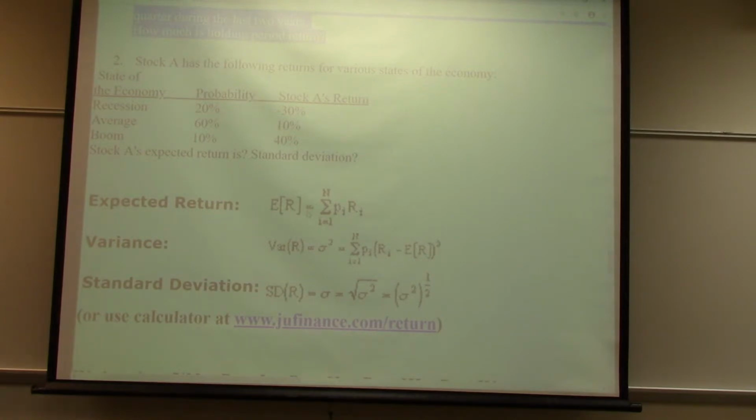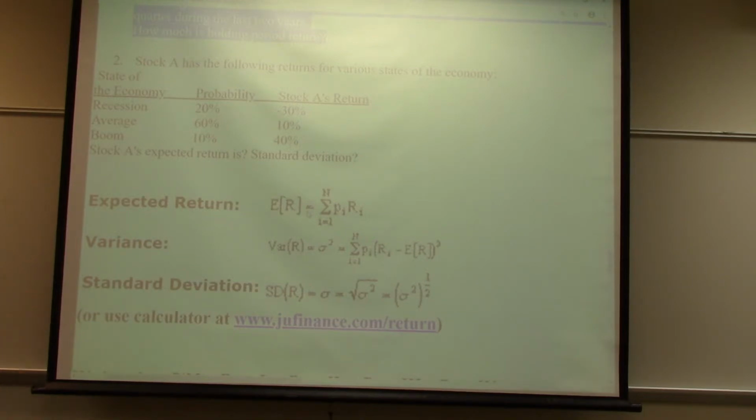Can you do the standard deviation in Excel? You can. Probably not. But however, I have one. You can go to this website. It will calculate it for you. You can do expected return using Excel. It's a weighted average, but you cannot do the standard deviation in Excel. But you can use this calculator.